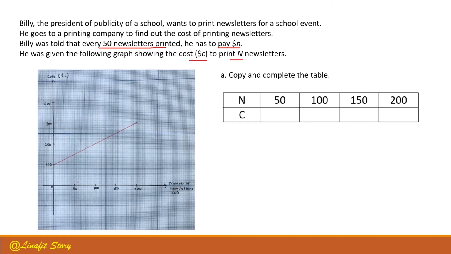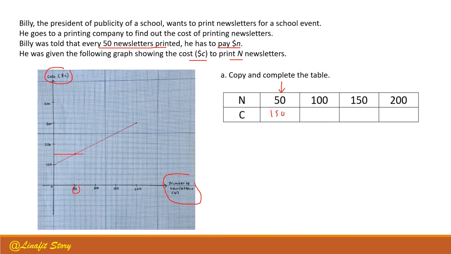So this is the number of newsletters, N, and here is the cost, or C dollars. When N is 50, C is $350.